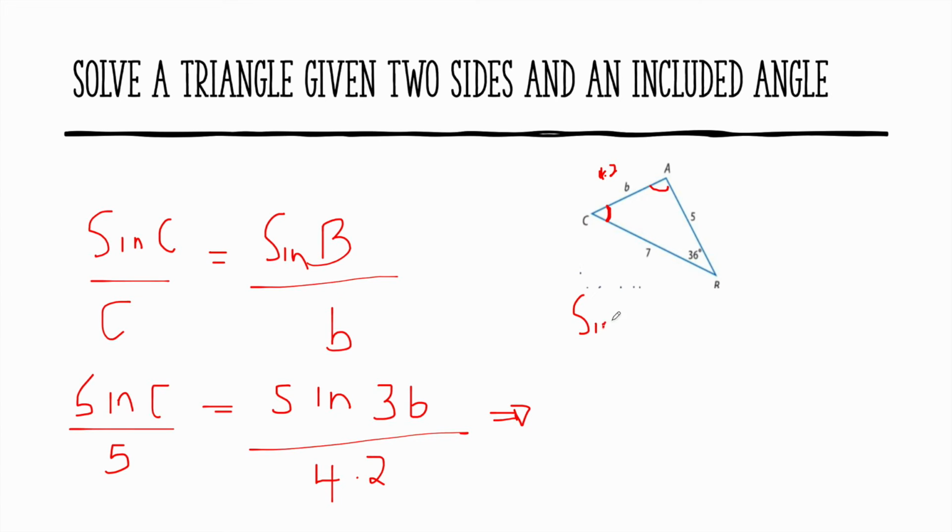Okay, so sine C will be equal to the whole thing multiplied by 5. I'll just put it in the calculator.